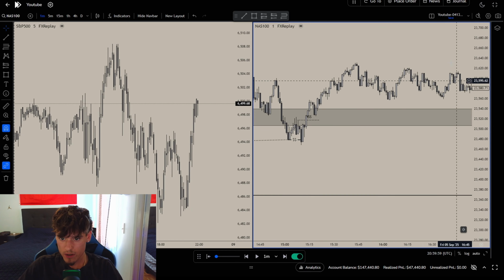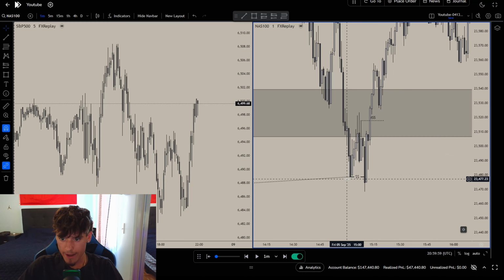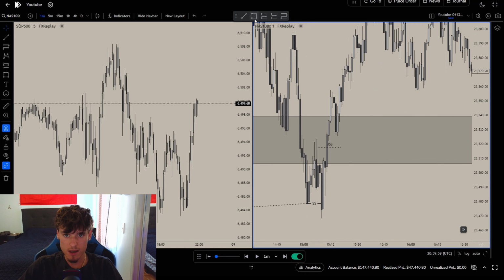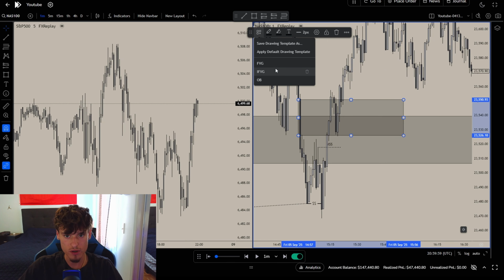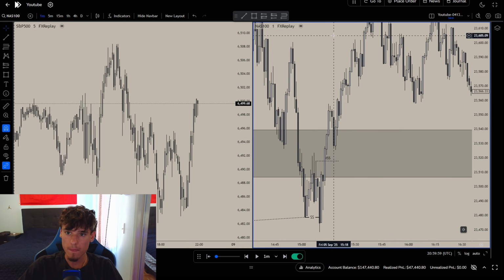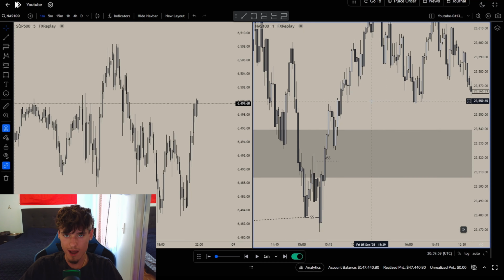Our reason for entry was we had a manipulation leg, which is a push for a new low. Then we have a market structure shift, and we would enter right on that market structure shift to push higher. Yes, there's also an inversion for value gap over here that can be used as an entry. Not a problem at all. And it's simple as that.